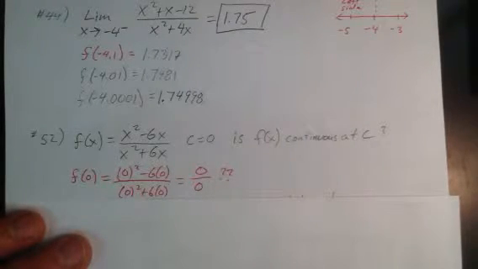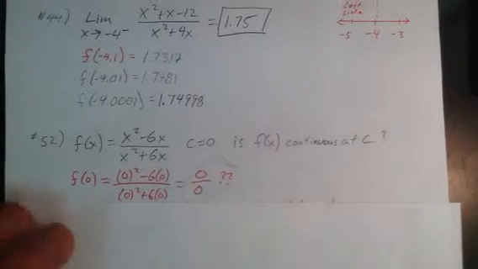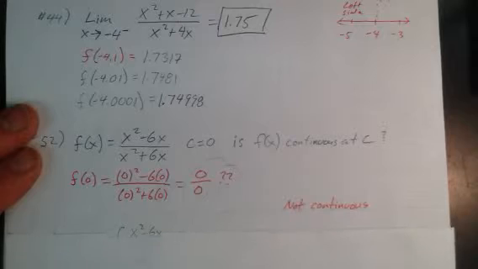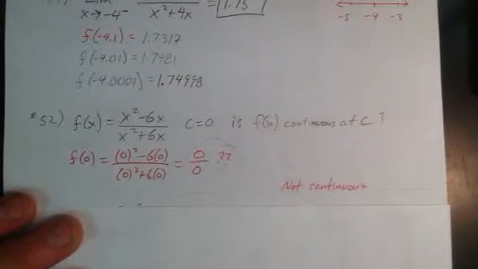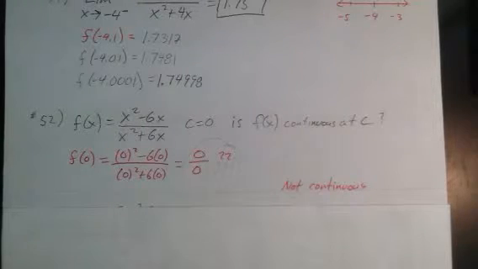Obviously, if the graph is not even defined at C, it's not going to be continuous at C. But let's investigate this. Is this legit? It turns out, no, that's not right. It's not continuous at C. I can't have 0 divided by 0. So it's not even defined at C, and therefore it can't even be continuous at C.